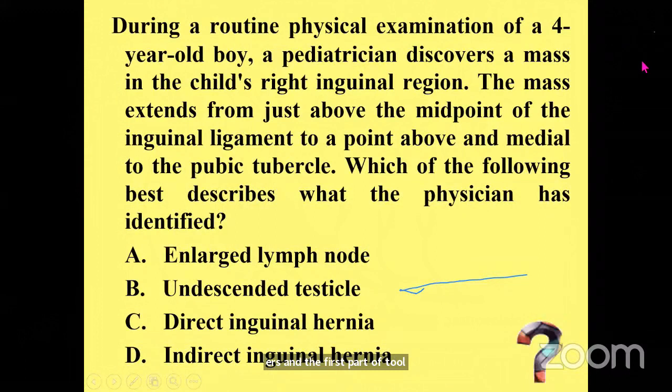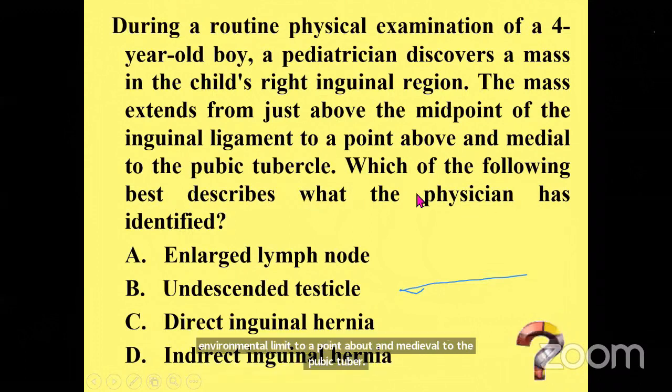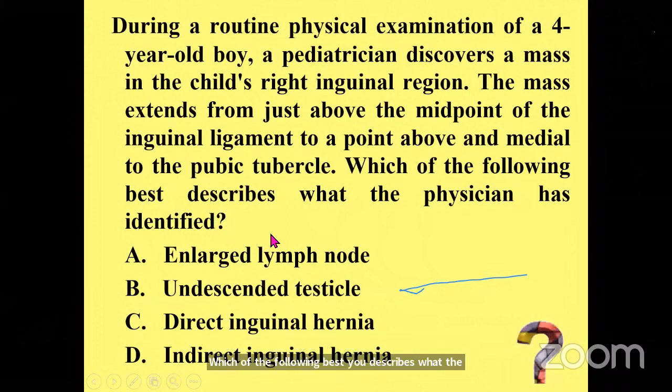Now, coming to the next question. A pediatrician discovers a mass in the child's right inguinal region. The mass is extending from just above the midpoint of the inguinal ligament to a point above and medial to the pubic tubercle. Which of the following best describes what the physician has identified? So it is a 4-year-old child, and there is a swelling.